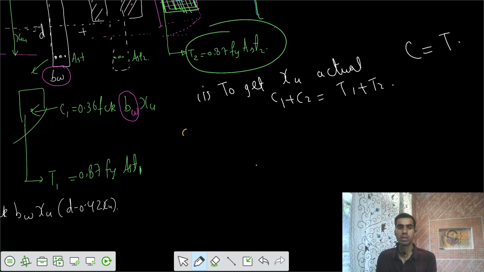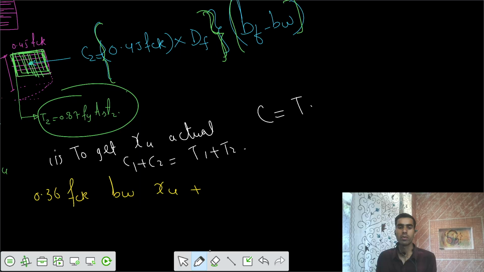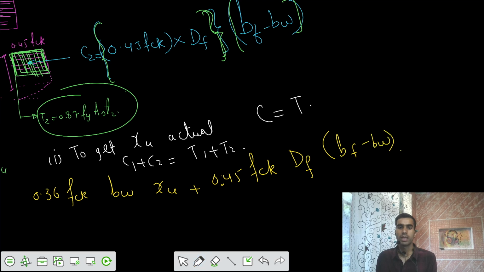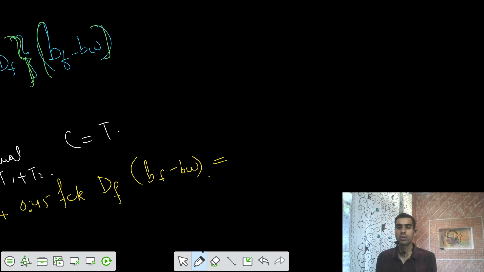So the equation becomes 0.36 FCK BW XU plus the C2 force we have, 0.45 FCK DF (BF minus BW), and that should be equal to the total steel, let's say AST, 0.87 Fy AST.